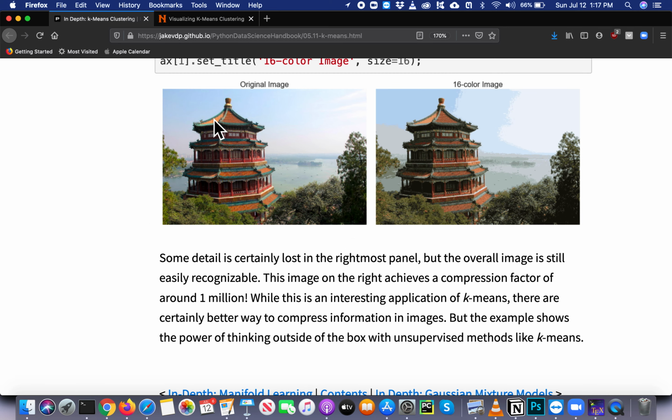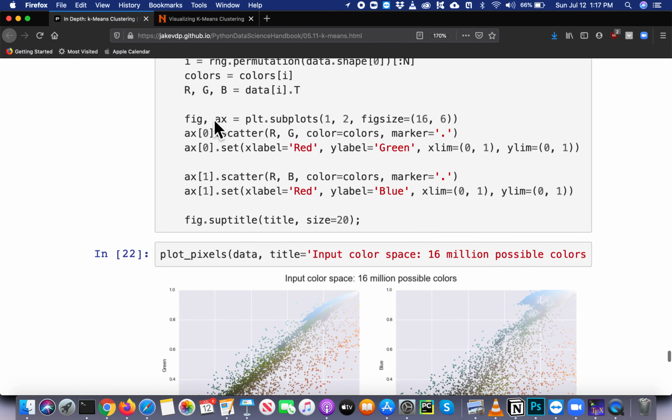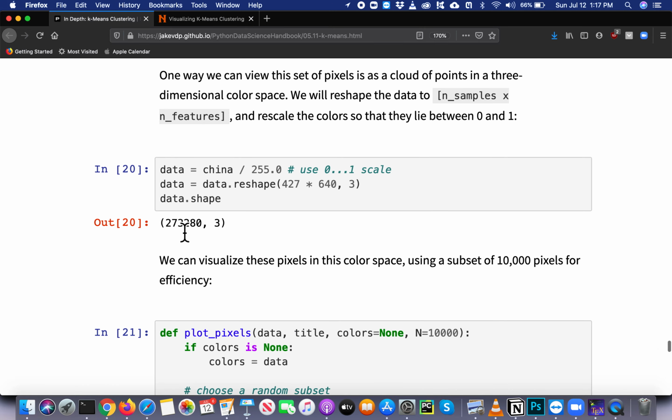You just stack them all up, and you'll get what number? 273280 unique pixels, and corresponding to each pixel you have 3 dimensions, RGB. So think of it as you've now created a feature matrix X consisting of 273280 rows and 3 columns, and you're trying to now find the 16 clusters in them.